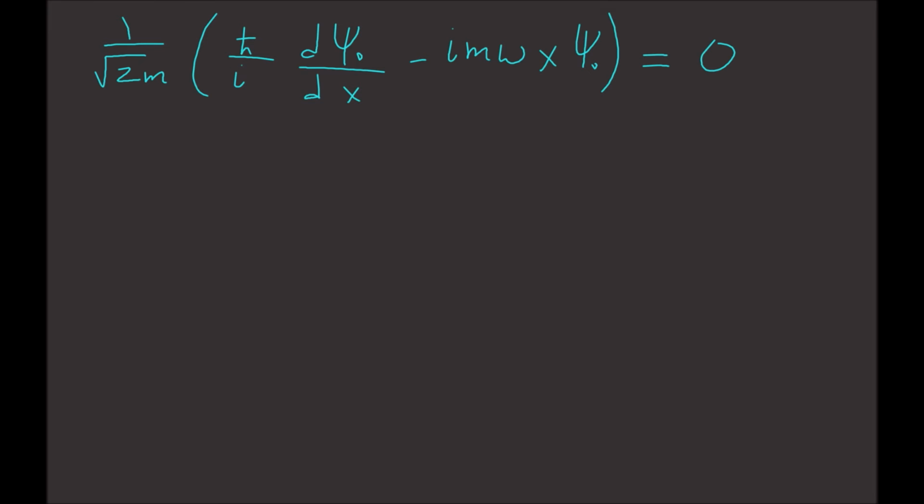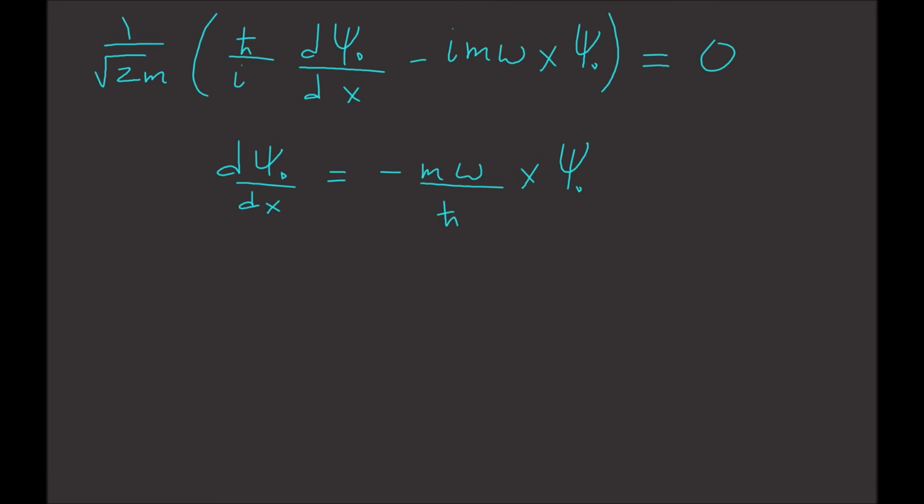So now we're gonna move things around. We have the first derivative with respect to x equal to minus mass times omega divided by h bar times x times psi naught. This is just a first order differential equation. We can solve this, right?